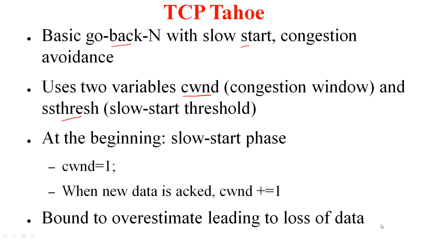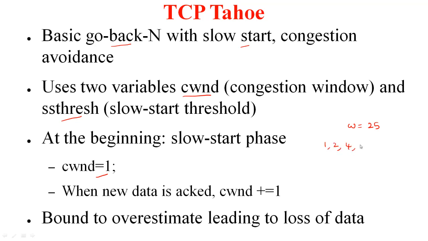At the beginning, it does slow start. So it starts with a congestion window size of 1, and for each new data that is ACKed, it increments this congestion window by 1. Now, when you do this, you're bound to overestimate, leading to loss of data due to congestion. Suppose your window size is 25 packets. You start with 1, you make it 2 after another round trip time.